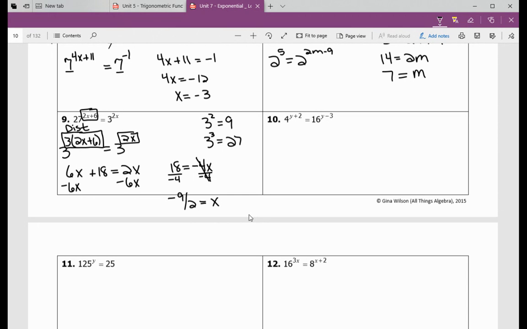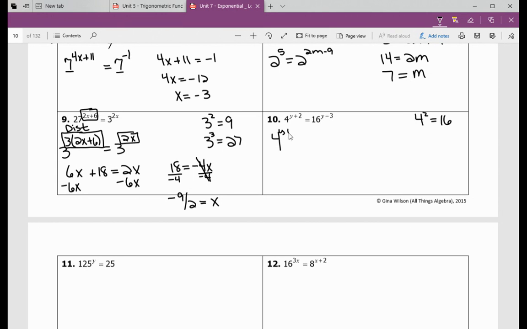Would anybody like to guess at what the base could be on number 10? 4 squared. I have a 4 here, so I can change that if I take 4 squared. Very first one, 16. So I'm going to change that to a 4 squared.